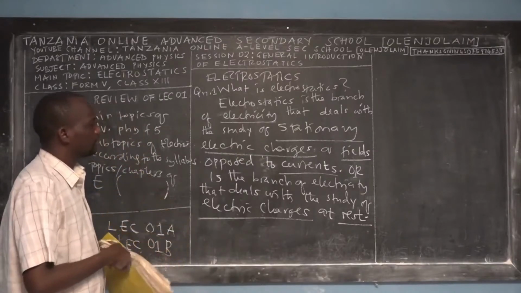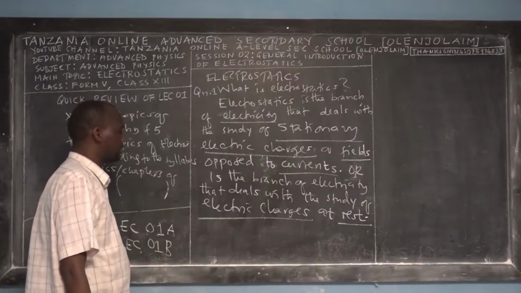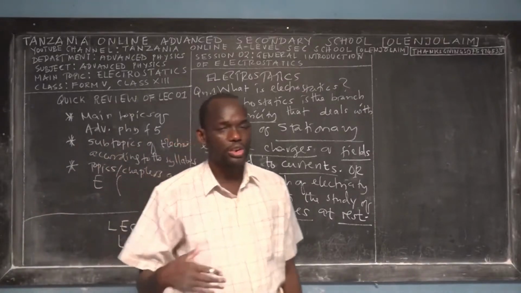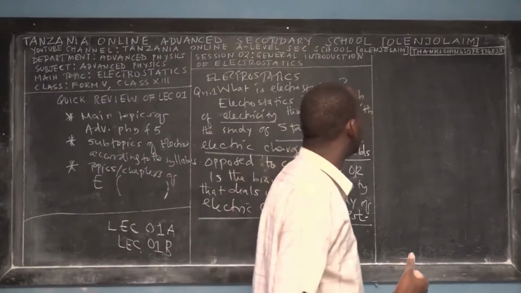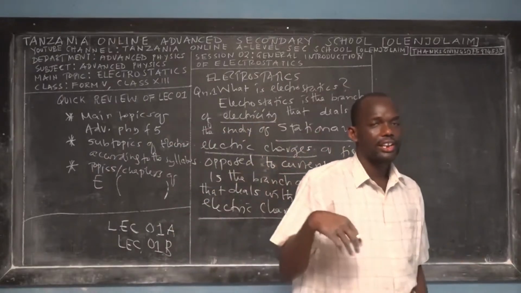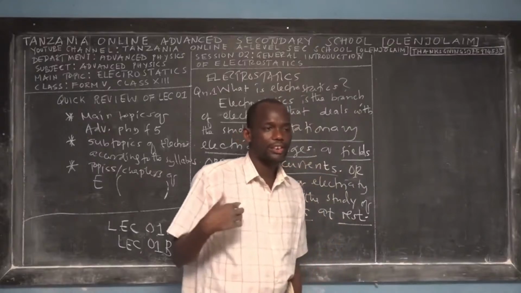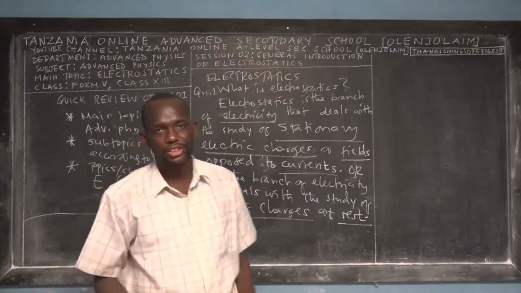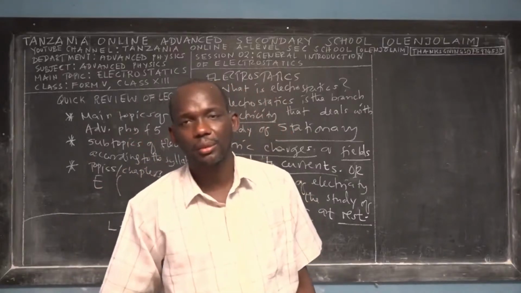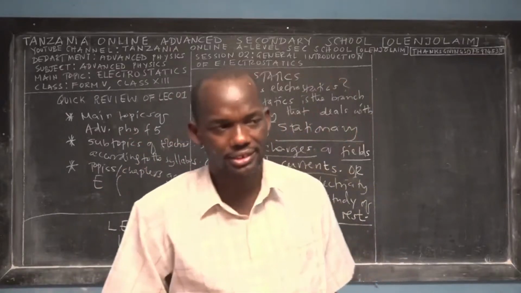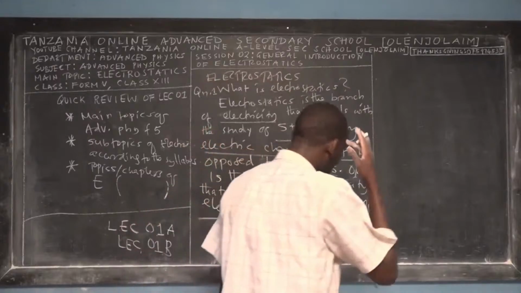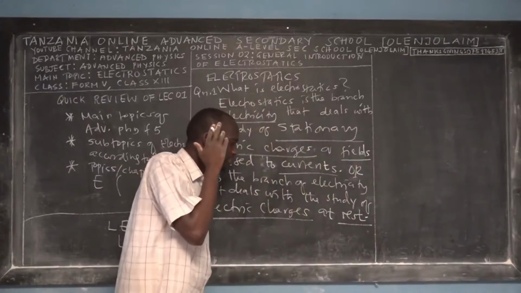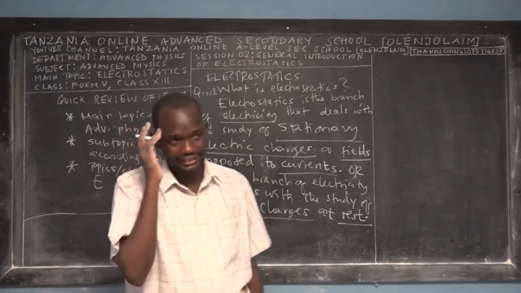So these are the simple definitions of electrostatics. It means that when you are learning electrostatics, whether you learn about the electric force of attraction or repulsion between two charges, or about electric field strength, electric potential, or capacitance, what should be in your mind is that you are studying electric charges which are at rest.